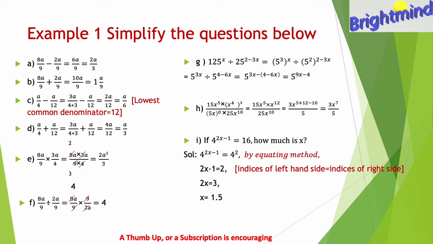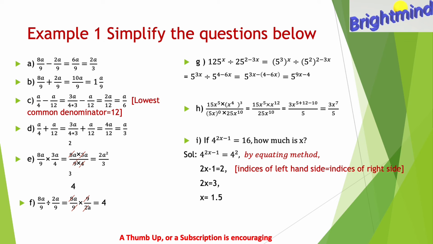We need to use the multiplication rule for the index law to process x to the power of 4, bracket, to the power of 3 first. Because 3 times 4 gives you 12, that part is going to be x to the power of 12. So I copy down 15x to the power of 5, multiplying x to the power of 12.